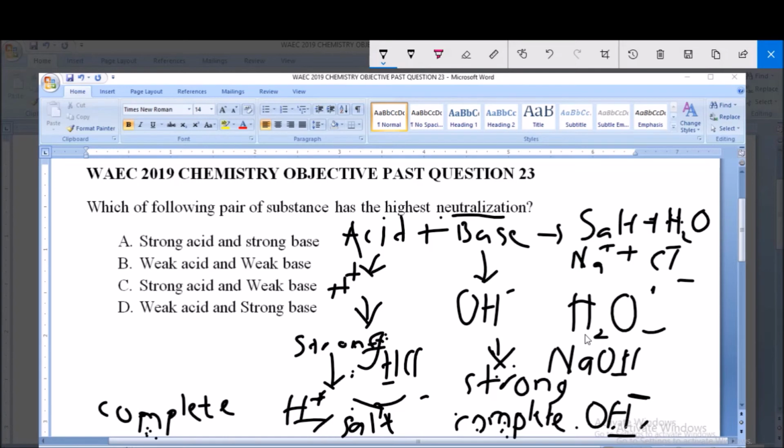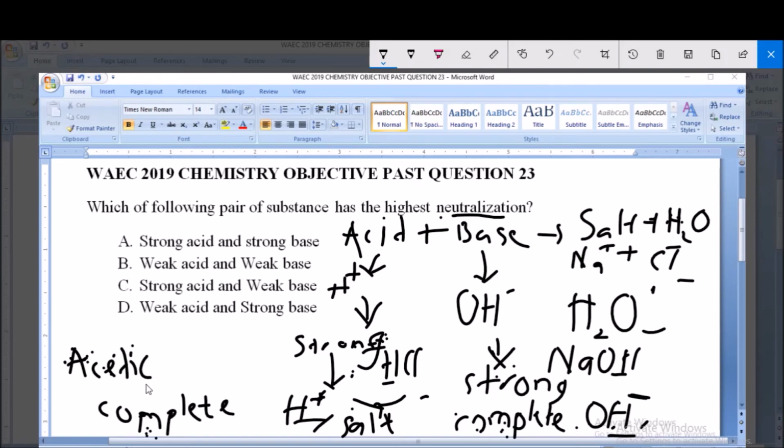Now for weak acid and weak base, an example of a weak acid is acetic acid. Acetic acid is an example of a weak acid.